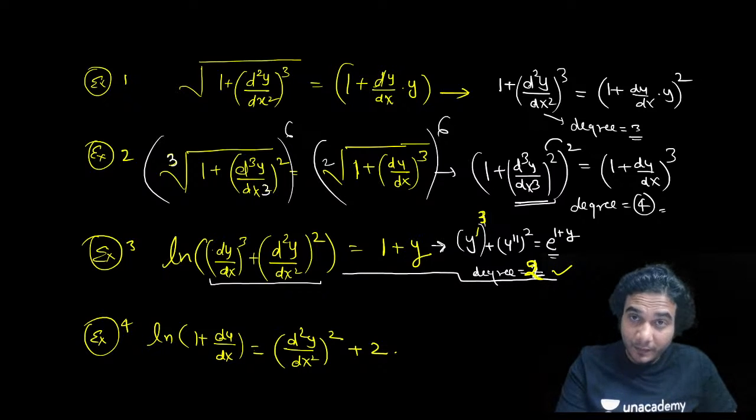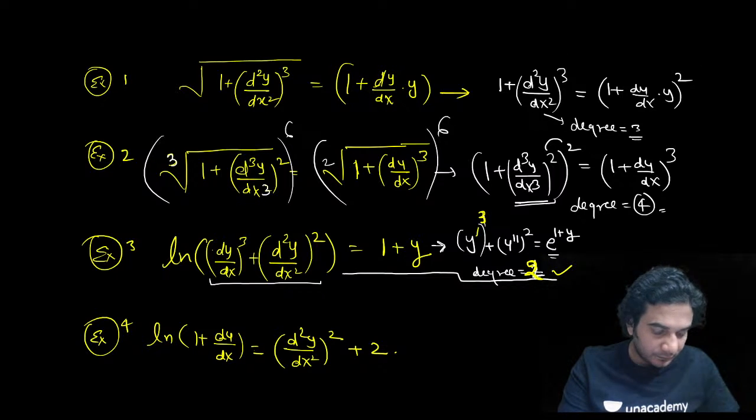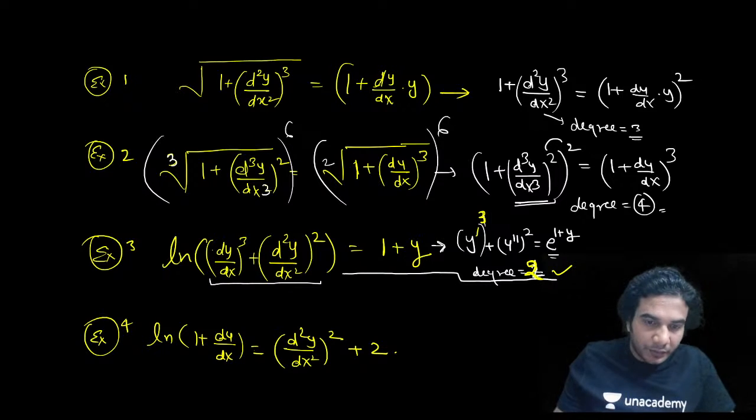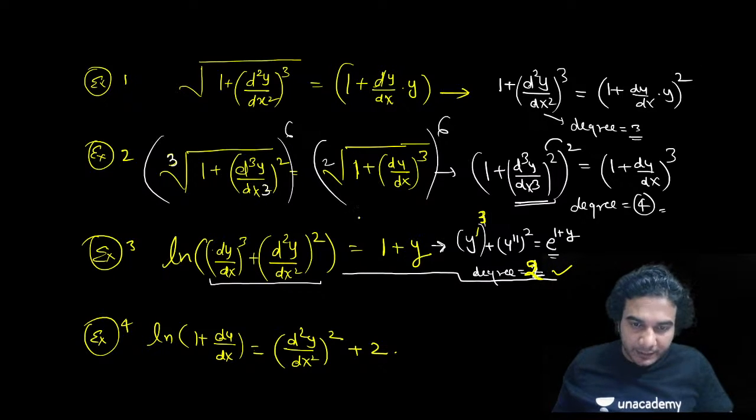Degree is defined when? No, not differentiate. You can't differentiate this, okay? We can just do squaring and something. You can remove one function, but you can't differentiate it, okay? So you can remove ln. How do you remove ln?